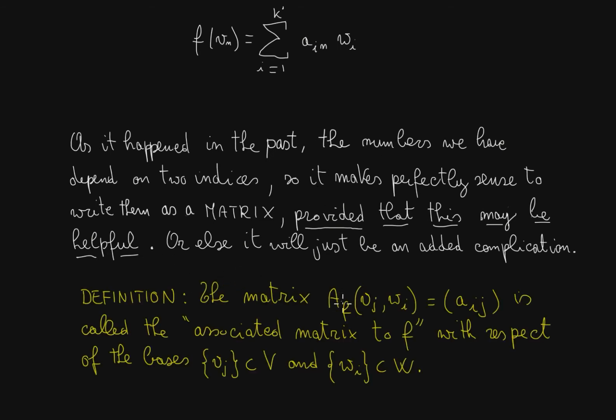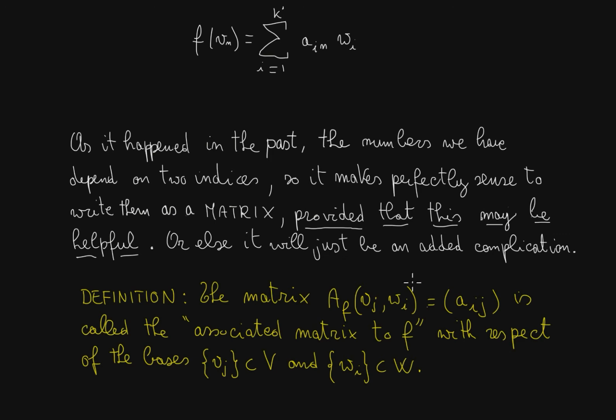Definition: the matrix A(F, Vj, Wi). This notation makes explicit the three variables on which the matrix A depends. So this matrix A will depend on the homomorphism F, on the basis of the domain Vj, and on the basis of the codomain Wi.